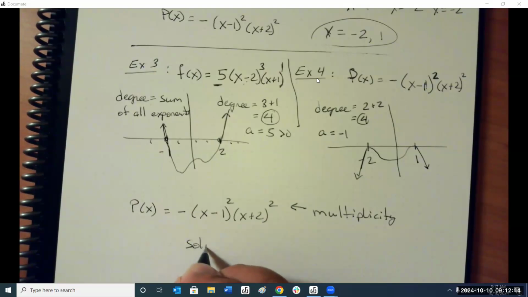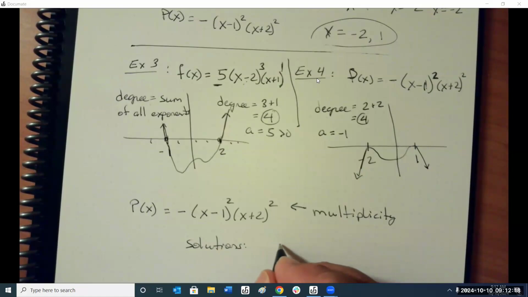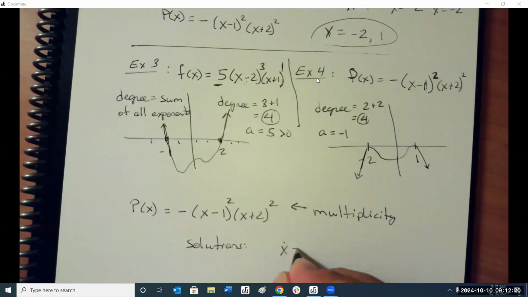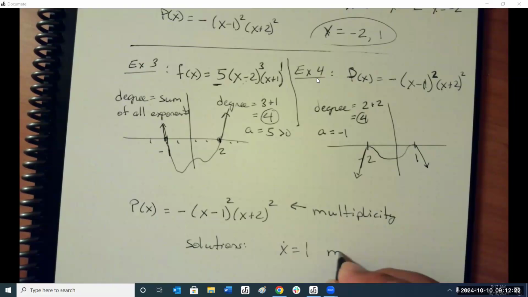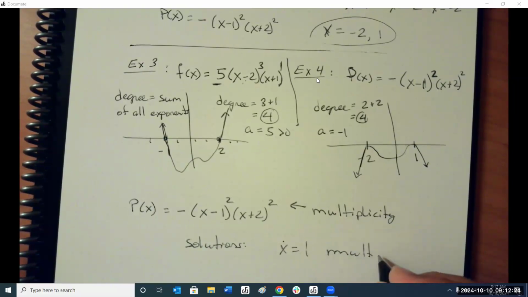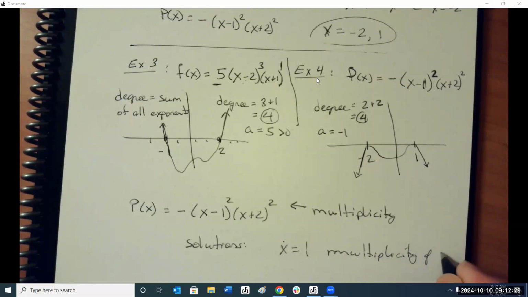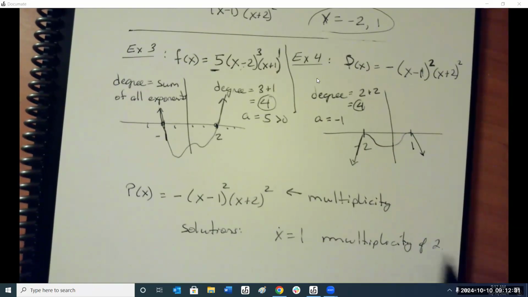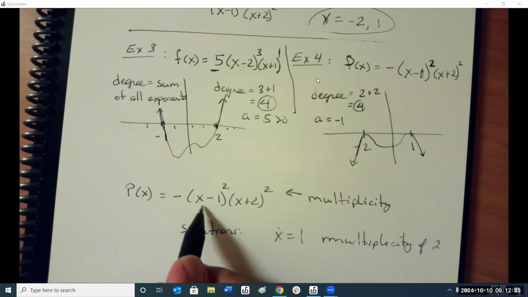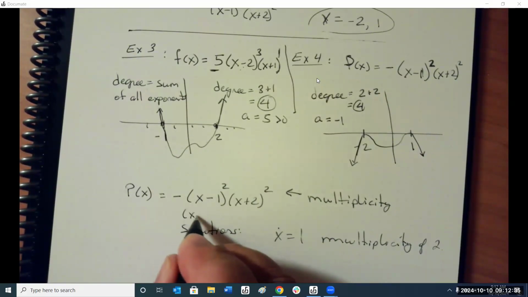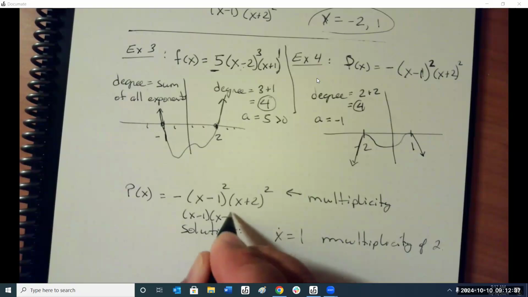Our solution x equals 1 has a multiplicity of 2. What that means is that this answer occurs 2 times.